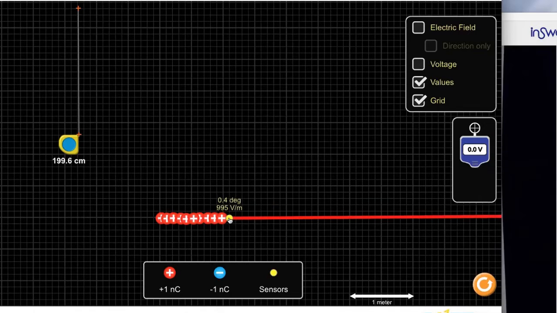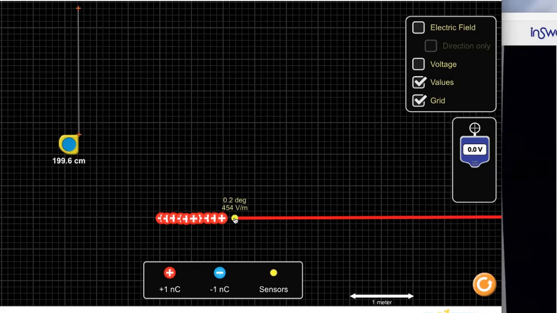So if I'm 10 centimeters away, the electric field is 920. 20 centimeters away, 418. Not even, right? Let's see here. 920. Oh, no, yeah. Probably this is about half of that. Yeah.